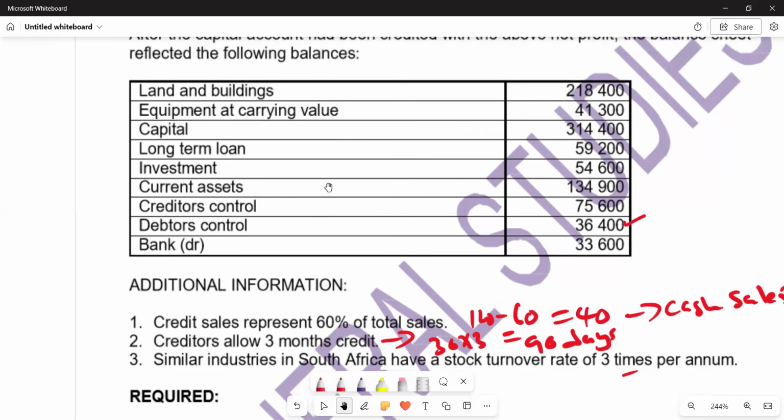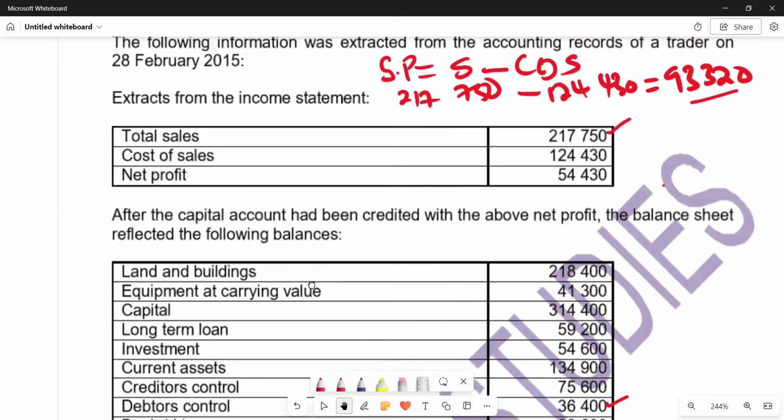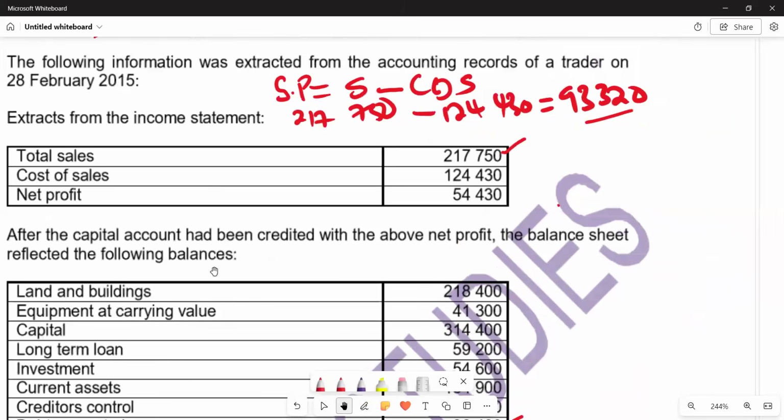So we come here, our total sales figure is 270,750. We multiply by 0.6, which is 60% as a decimal. Then we find the credit sales figure, which is 130,650. This is going to be our denominator.